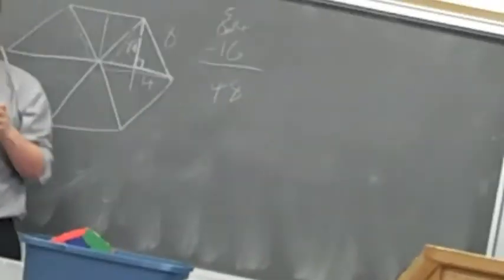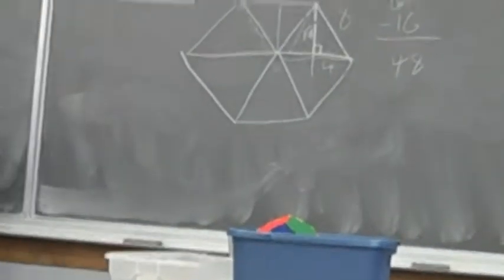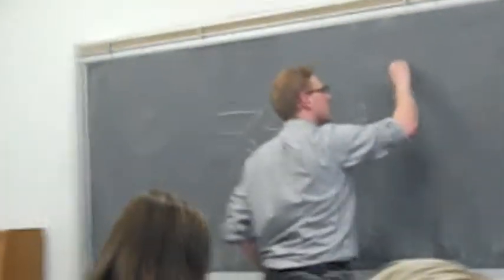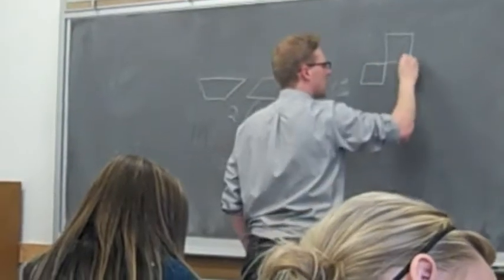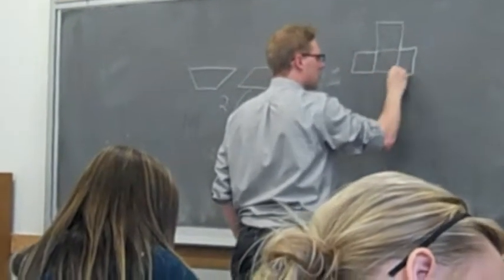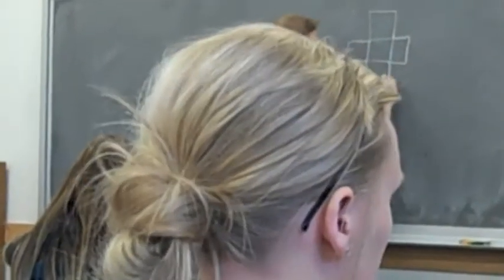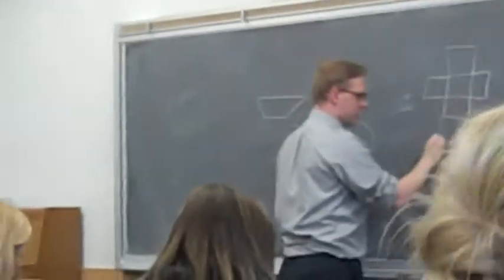2D. Now you mentioned the edges and the vertices. That's important. If we draw it out, well, that's a vertex, that's a vertex, that's a vertex.